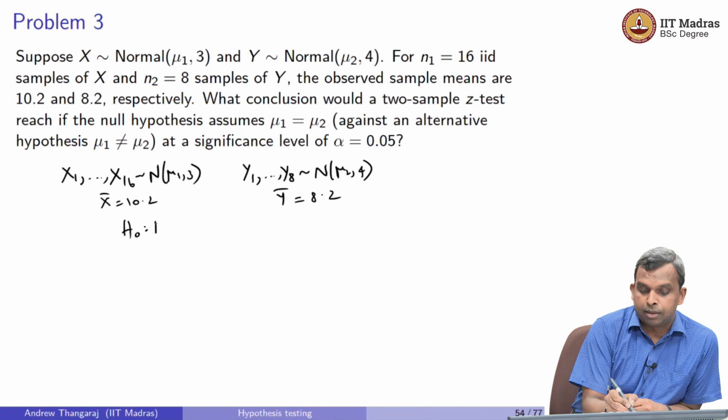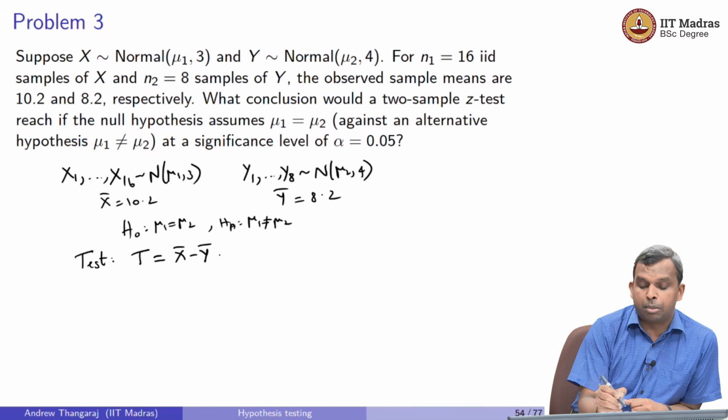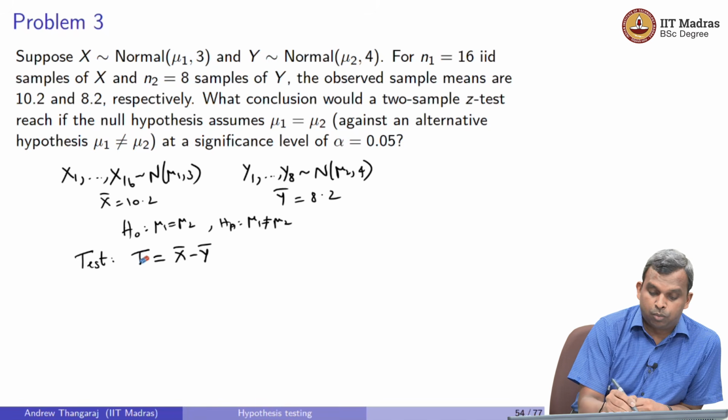Null hypothesis is mu1 equals mu2, alternative is mu1 not equal to mu2, and the desired alpha is given. So now the test statistic, as you know, the two sample z test has the test statistic as x bar minus y bar, and this. Okay, so let's write it down carefully.